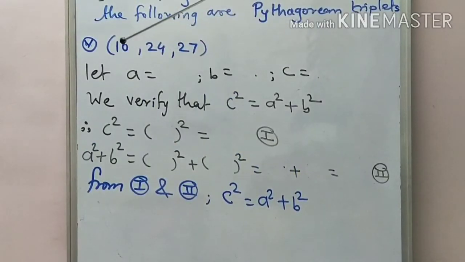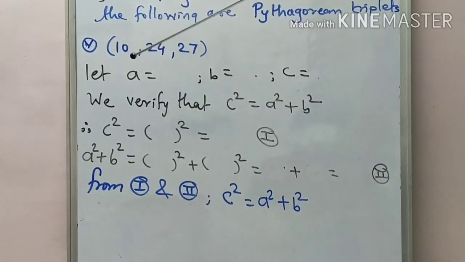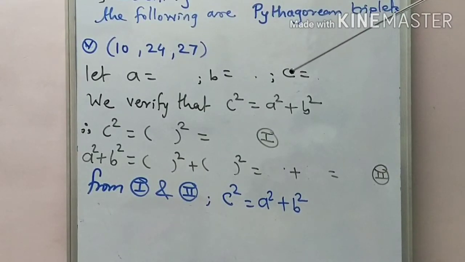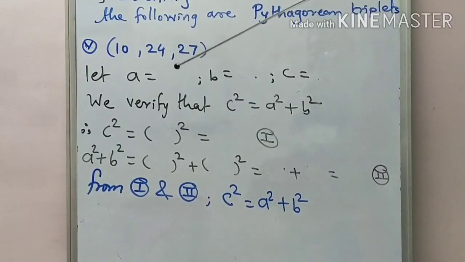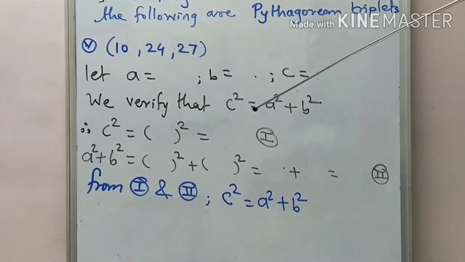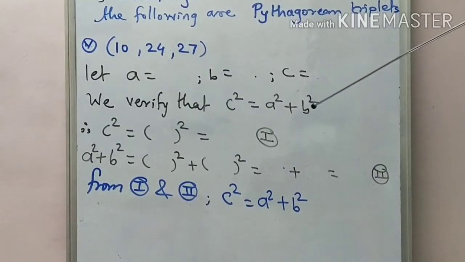Similarly, we try to solve the fifth one. The values are 10, 24, 27. Here again we consider those values as A, B, C, and we observe that 27, the value of C, is again greater, so we can verify this property as whether C square equals A square plus B square or not.